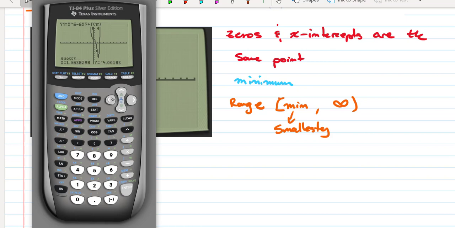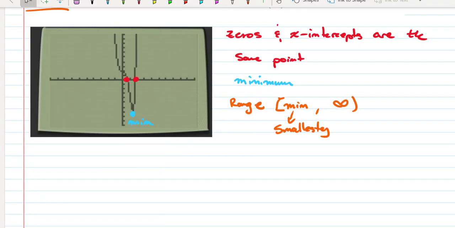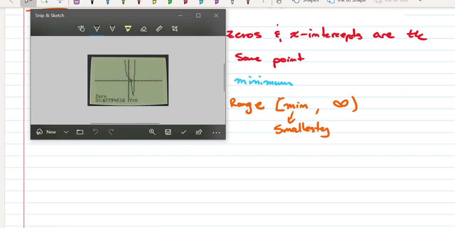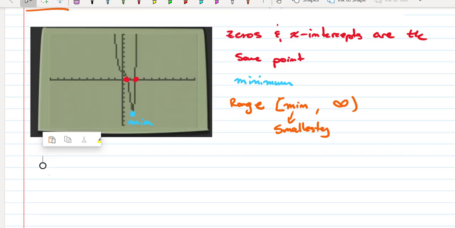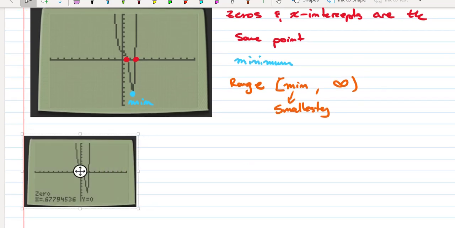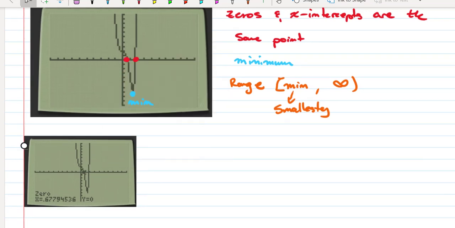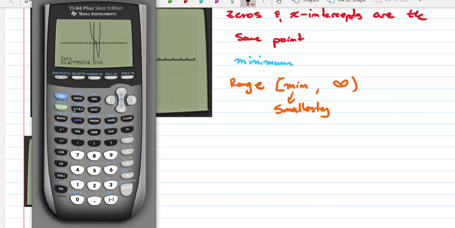And then it says guess, so I move my cursor back closer and press enter, and my calculator will approximate that first zero for me. Now the first zero found on my calculator is 0.677.